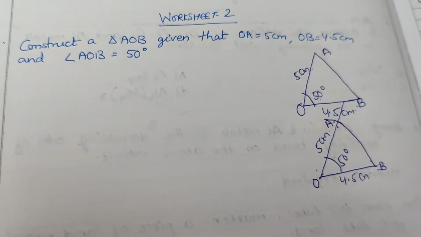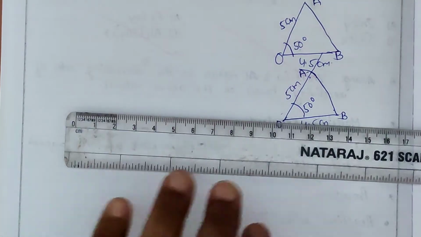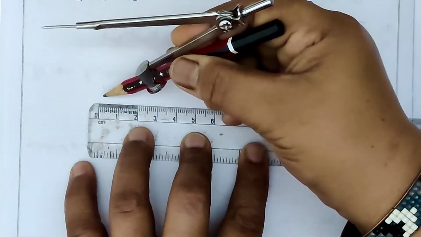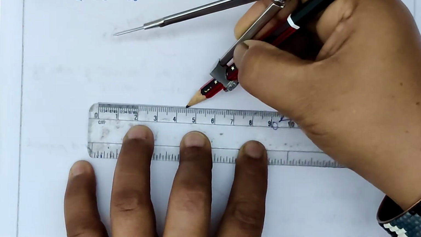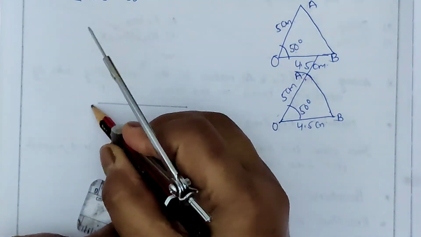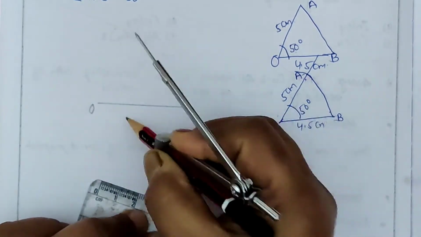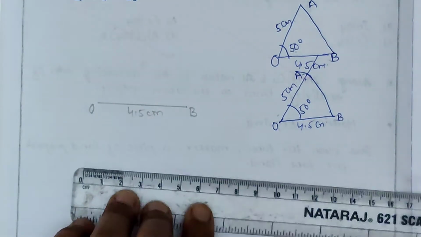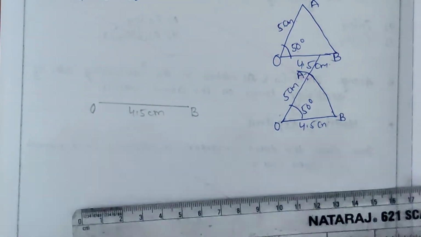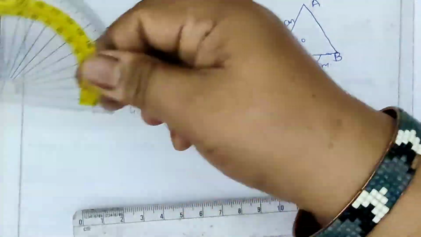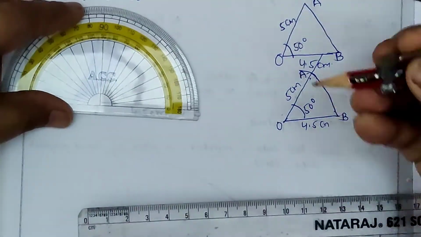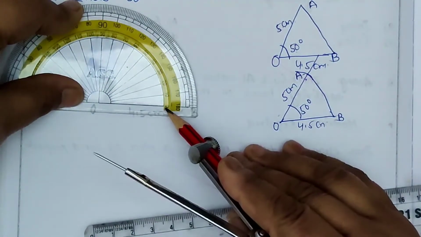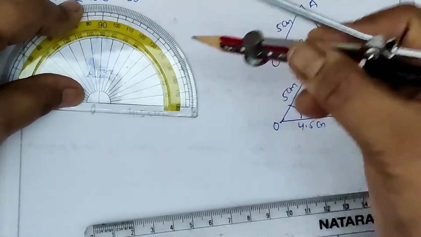Now the construction is: draw a line segment OB of 4.5 cm. Now make an angle of 50 degrees with center O. Put the protractor with zero from this side: 10, 20, 30, 40, 50.